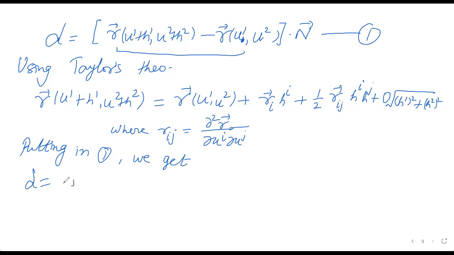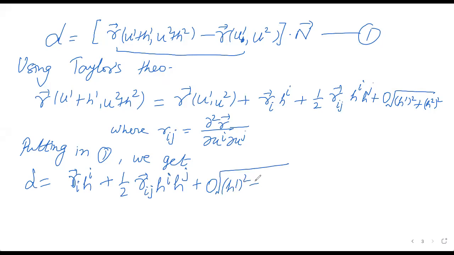So you have Ri hi plus half Rij hi hj plus higher order terms of h1 square, h2 square, and this dot n.